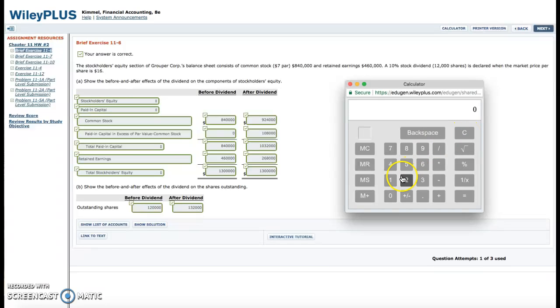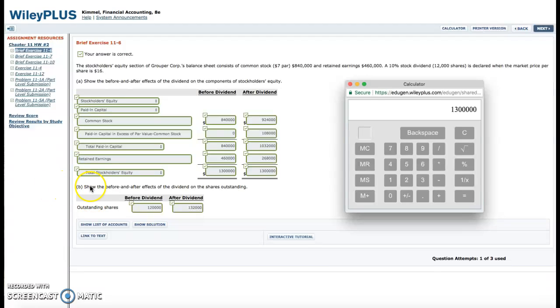You're actually going to add these together. So 1,032,000 plus the $268,000 is going to equal 1.3 million. So you can see the total stockholders' equity will match. We know that there will be no change to the total stockholders' equity when you have a stock dividend. So that helps us know that we have the right answer there.